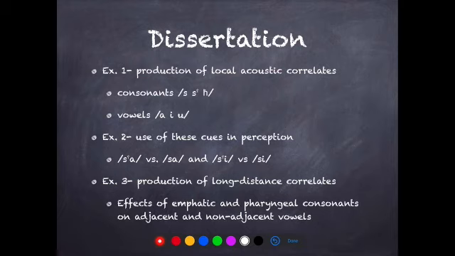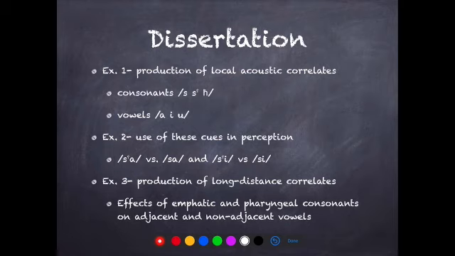In my dissertation, I conducted 3 experiments. The first experiment looked at the production of local acoustic correlates of plain S, emphatic S, and the voiceless pharyngeal H. It also examined how these effects manifested in adjacent vowels, so looking at A, E, and U. Experiment 2 examined how the acoustic cues documented in experiment 1 influenced perception, so looking at how native speakers distinguished between a plain and emphatic S in SA and C syllables.